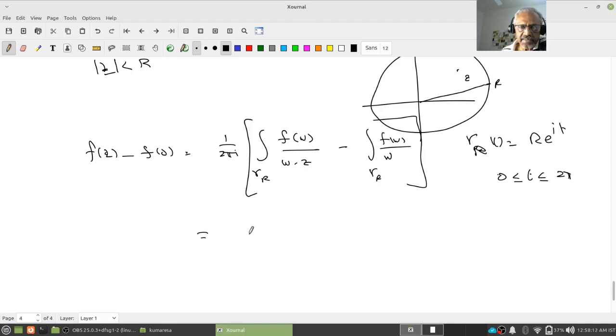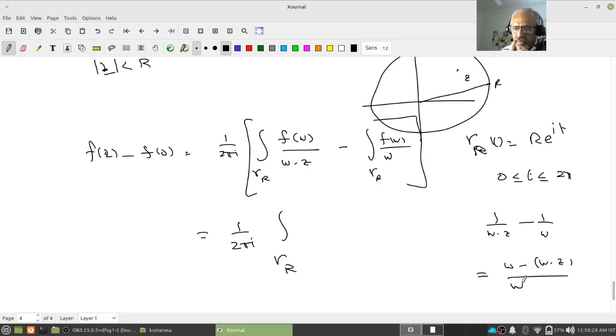By linearity of the path integral, we can write this as 1 by 2 pi i times the integral over gamma R of 1 by w minus z minus 1 by w, which is z by w into w minus z. Therefore it's going to be z f of w by w into w minus z dw.